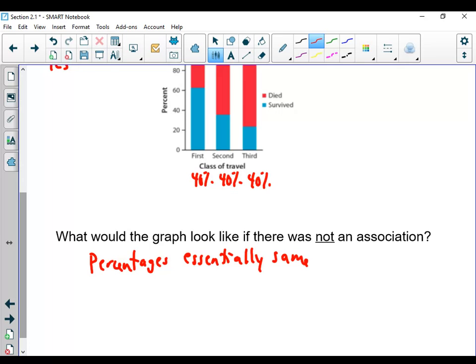I was just going to say, if the two categories were even on this. Okay, and that would be an example. It doesn't have to be 50-50, but that would be another example. All right, so we have to be able to make a segmented chart, and then decide, do we have an association between our variables?